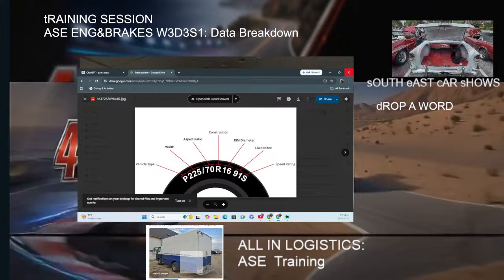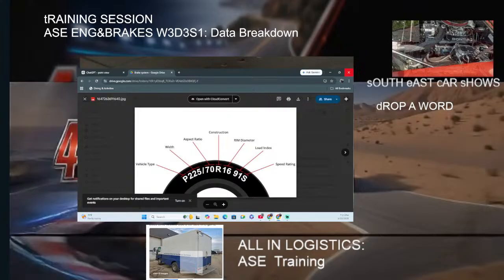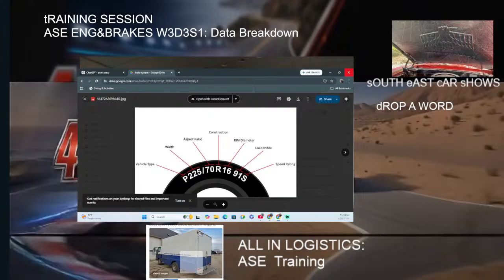The construction is that letter. I'm assuming they mean rubber. The rim diameter follows after that. Load index.